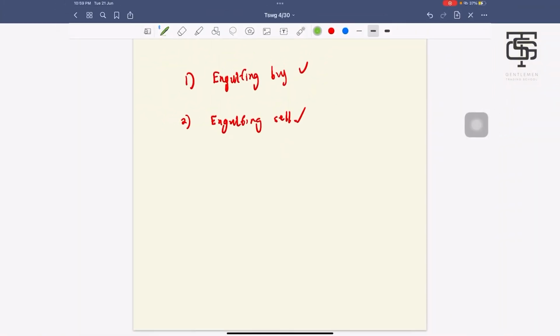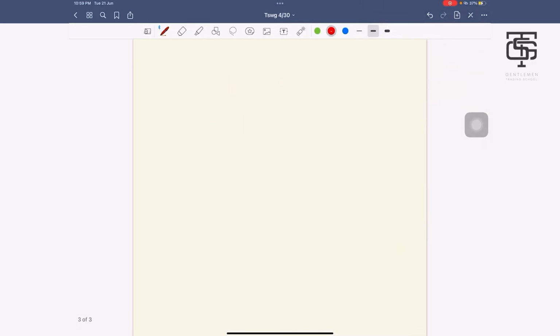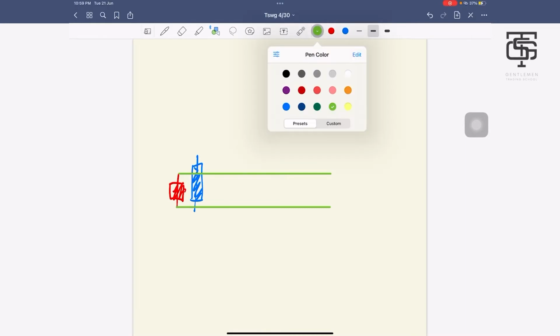First thing, let's start drawing a candlestick. Engulfing buy. Right? So we have a zone like this. What we need to find applies to higher time frames.